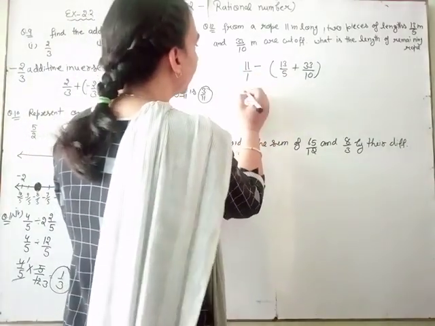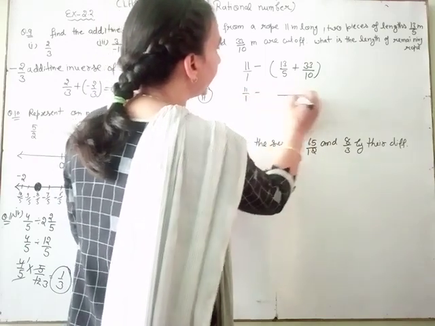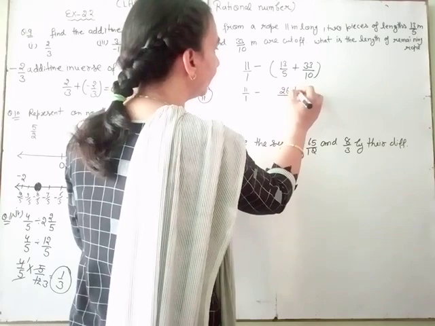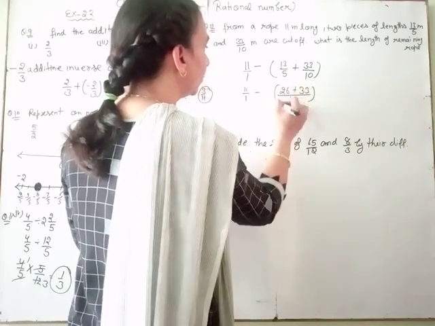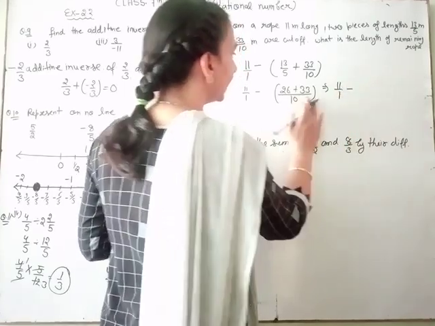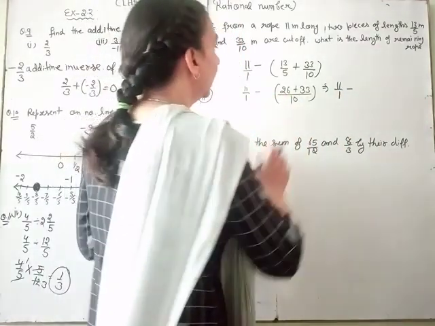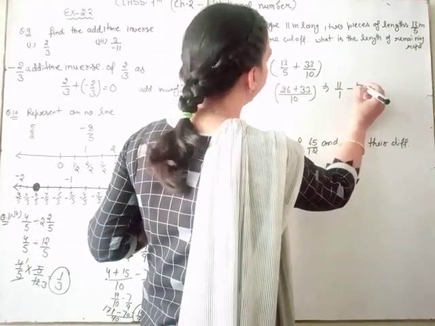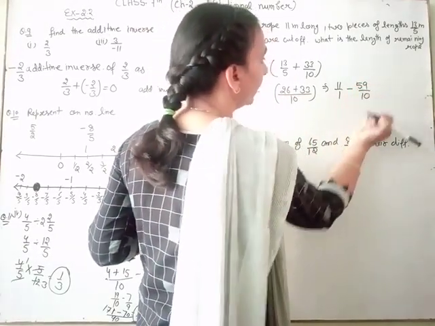11/1 as it is, minus, we take LCM 10, then 2 times 13 is 26 plus 33. Okay. This implies 11/1 minus 59/10. Okay.